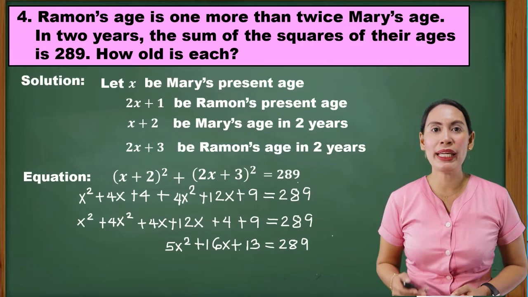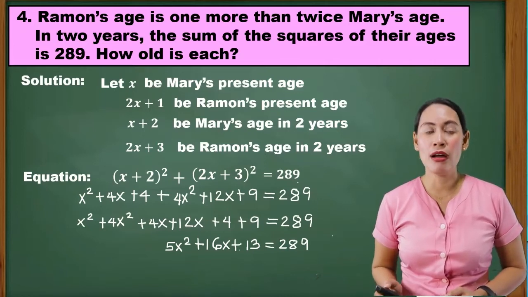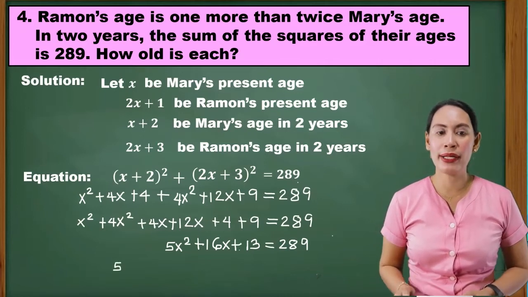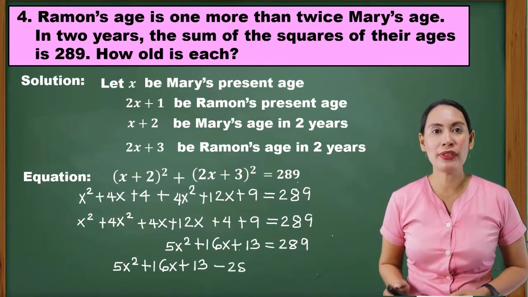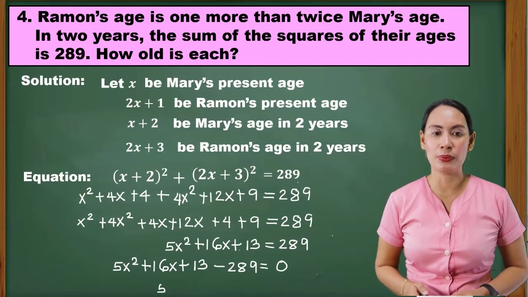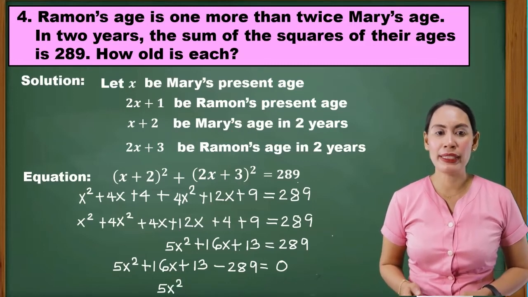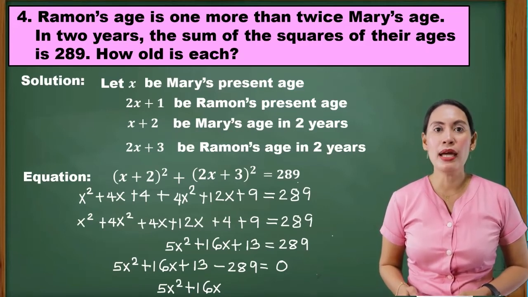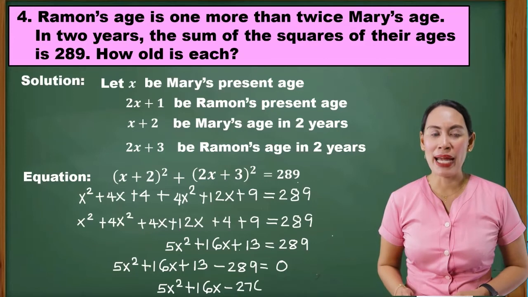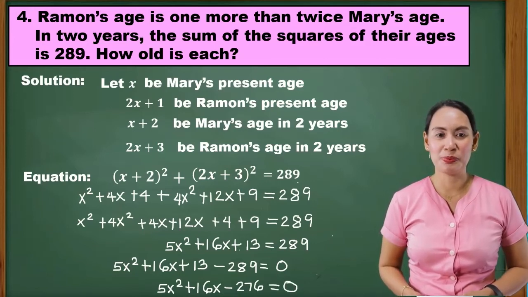We transform the equation to standard form. So 5x squared plus 16x plus 13 minus 289 equals 0. Then combine 13 and negative 289. So the equation is 5x squared plus 16x minus 276 equals 0.